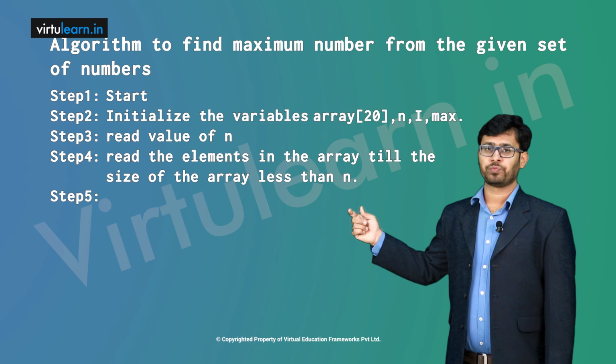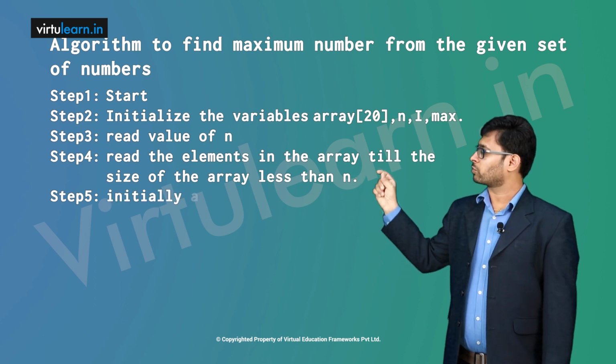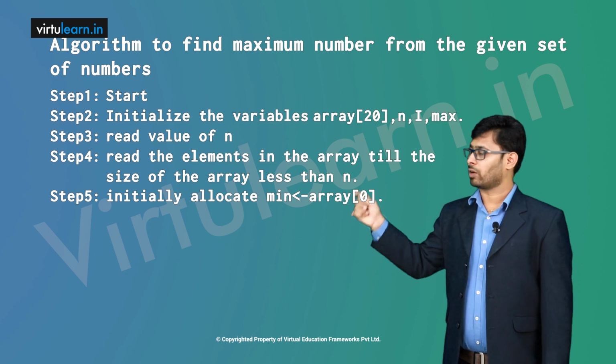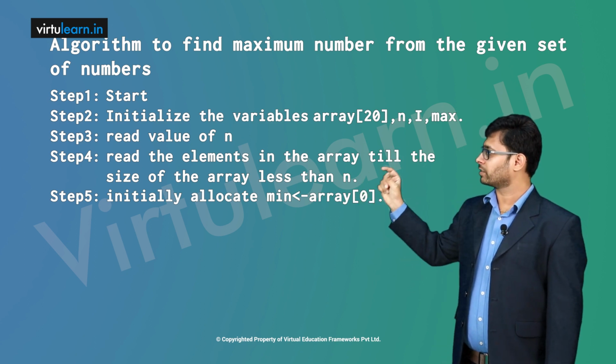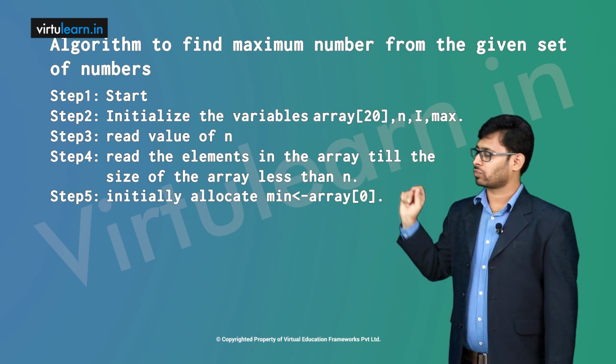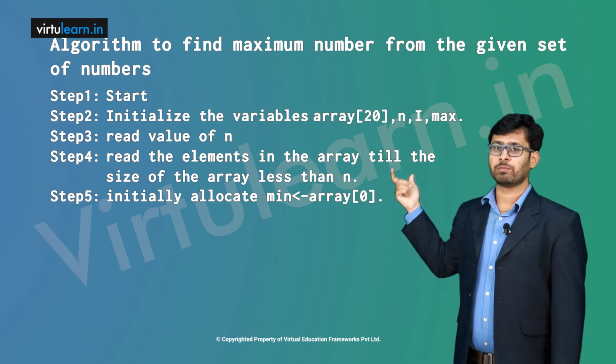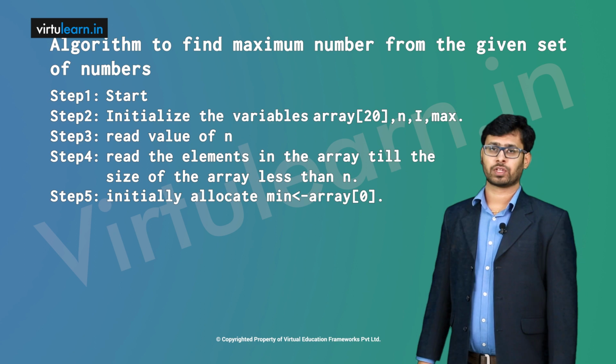Step 5, initially allocate maximum equal to array of 0th element. Whatever element we have read in array of 0th element, we store it in maximum, in order to compare with the remaining elements in the array.